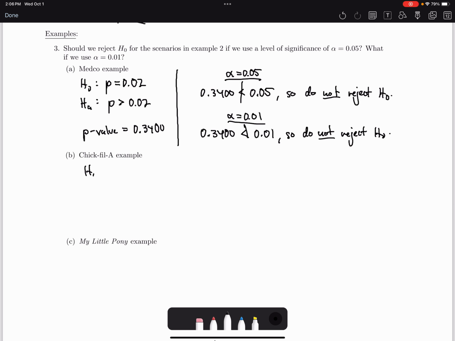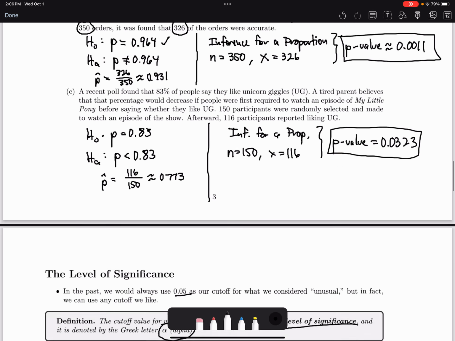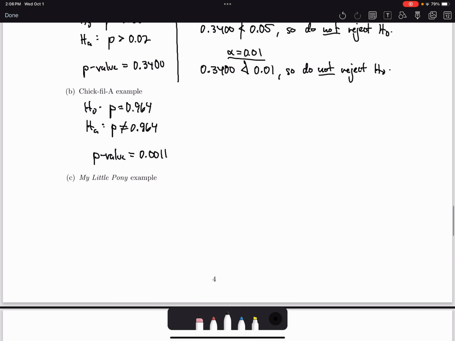So the null hypothesis was P equals 0.964, and it was a two-tailed test, and our p-value was 0.0011. Double checking. Yeah, 0.0011. Okay, should we reject the null?